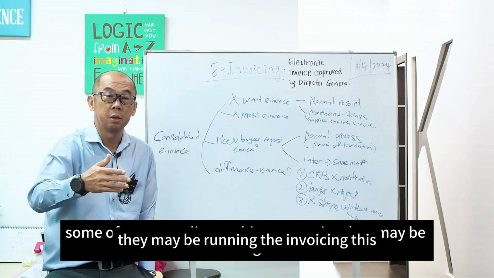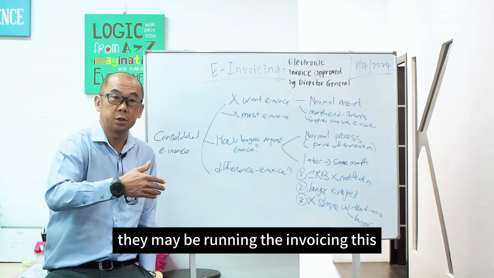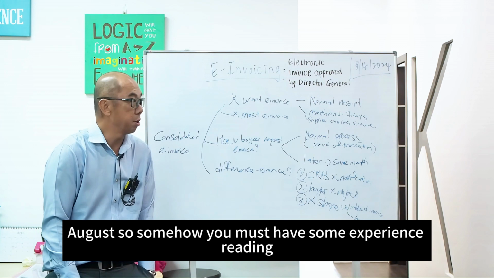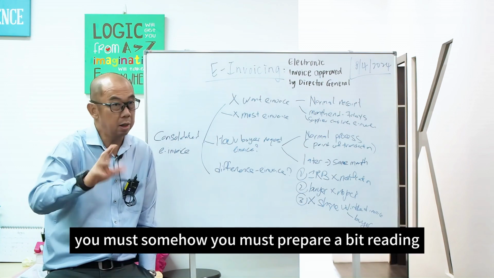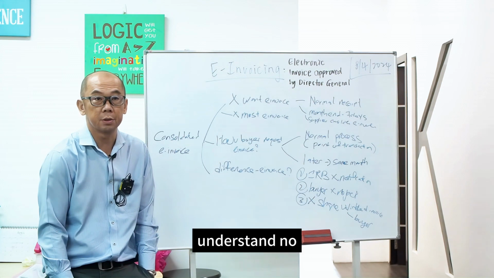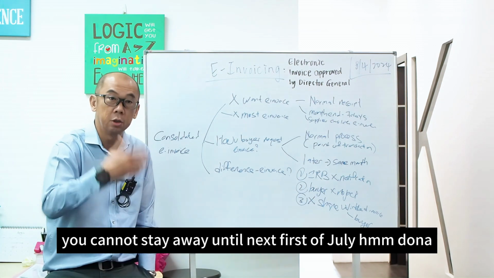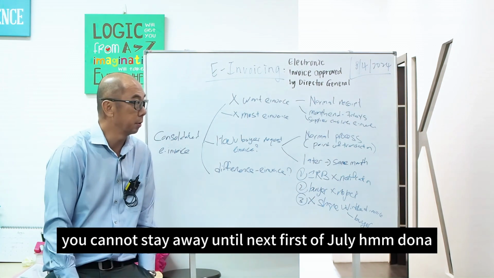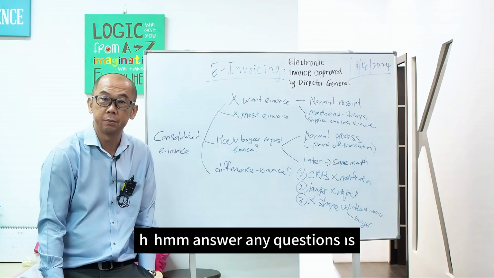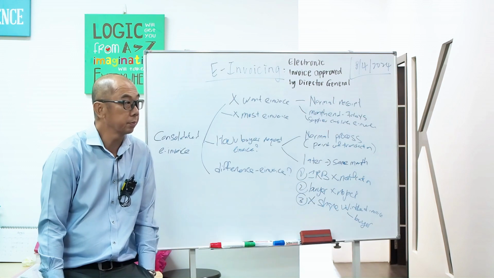They may be running e-invoicing this August, so somehow you must have some experience and prepare a bit. You cannot say I'll wait until next 1st of July. Understand? Any questions?